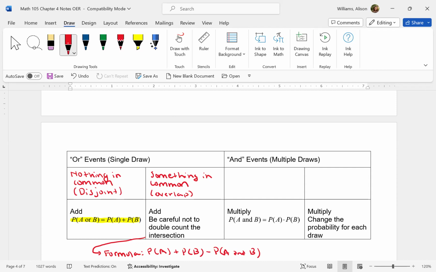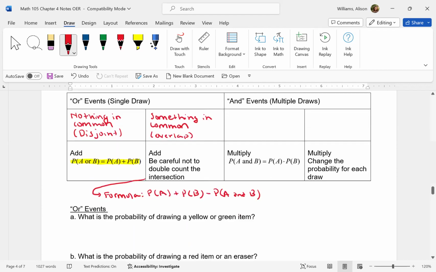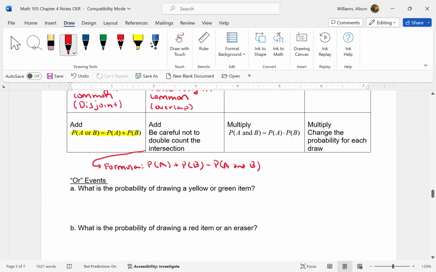Now, before I go ahead and try a couple examples of those, actually, here, let's just try. What's the probability of drawing a yellow or a green? This would fall into the things that have nothing in common because we're going to classify things as either yellow or green. There's not something that's classified as both. So we're going to use the first formula.